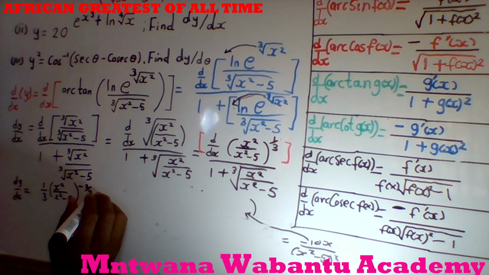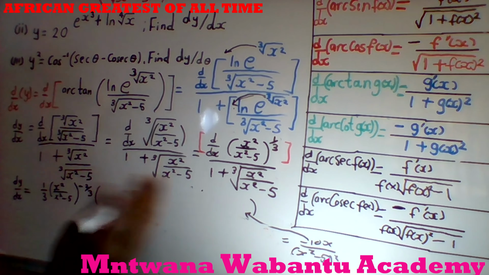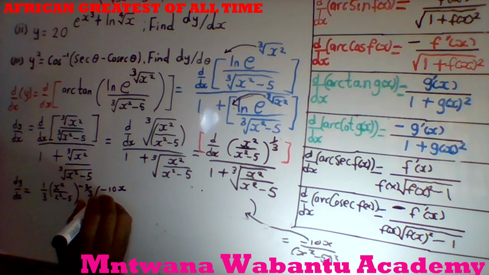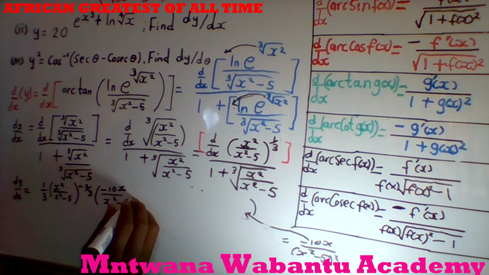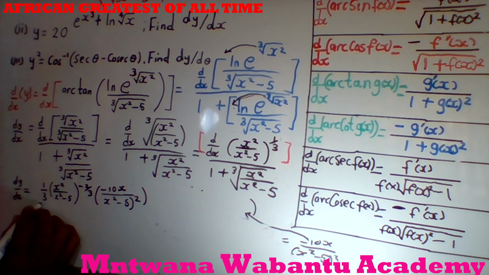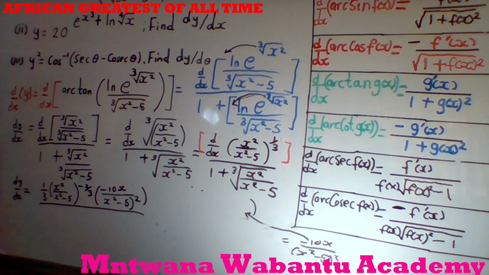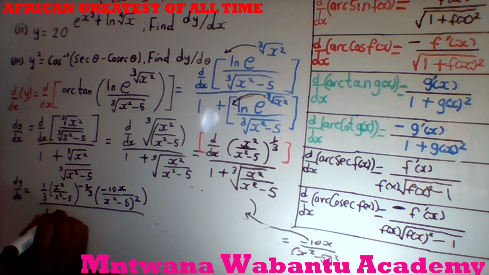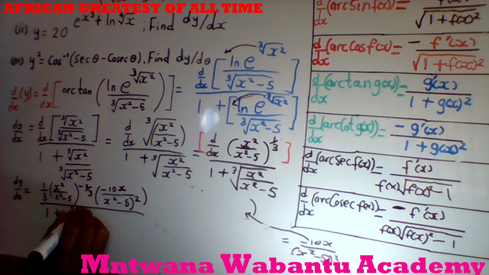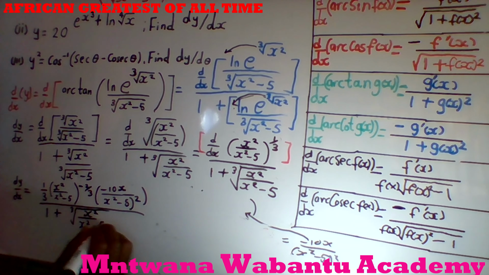Then we multiply by negative 10x over (x squared minus 5) squared, and then all this stuff over 1 plus cube root of x squared over x squared minus 5.